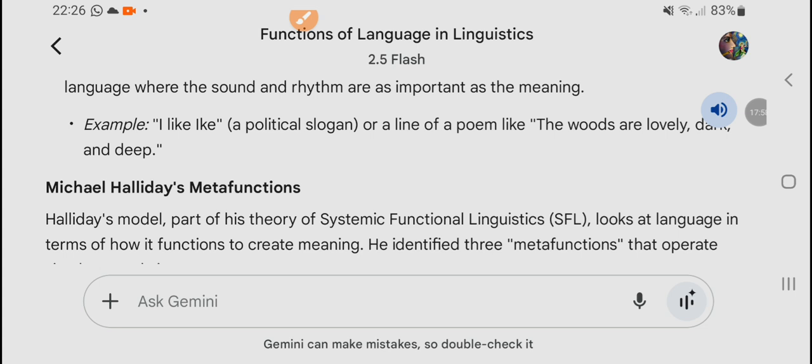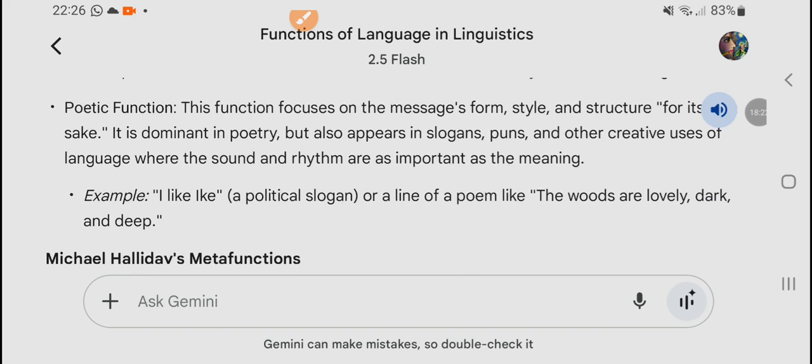Robert Frost poem, right? So the woods are lovely, dark and deep, that creates a poetic impression. But I have promises to keep, and miles to go before I sleep, miles to go before I sleep, sleep is death. So such expressions come under poetic function, right?